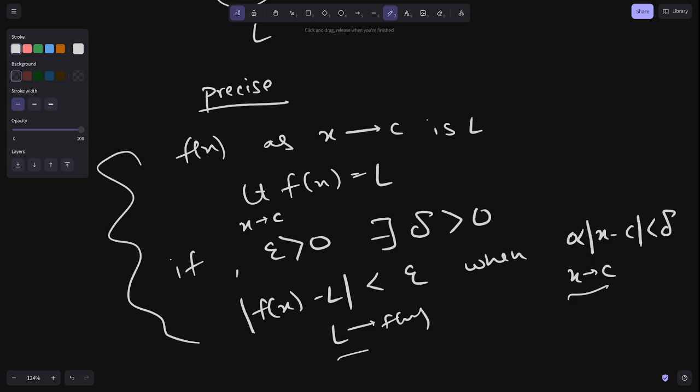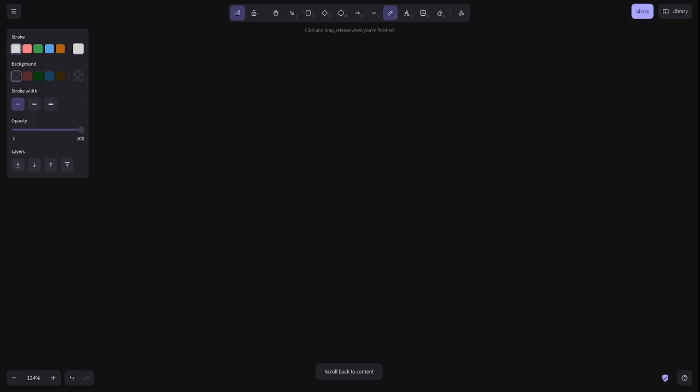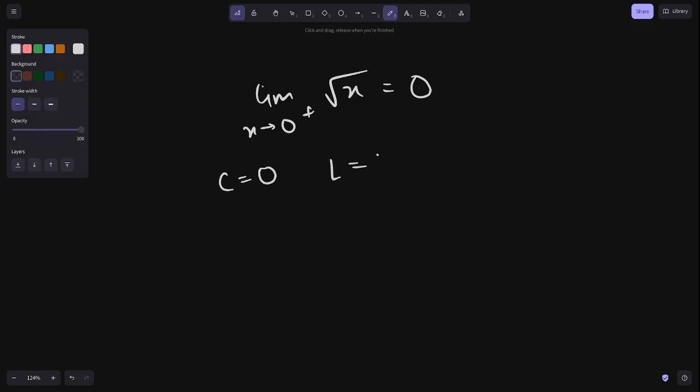There are many sums you can do with this, and the LHL and the RHL is something we have done, but still let's do one LHL sum. Let's say limit x tends to 0 plus of root x equals 0. Prove this. Now c is 0 here, L is also 0, right?